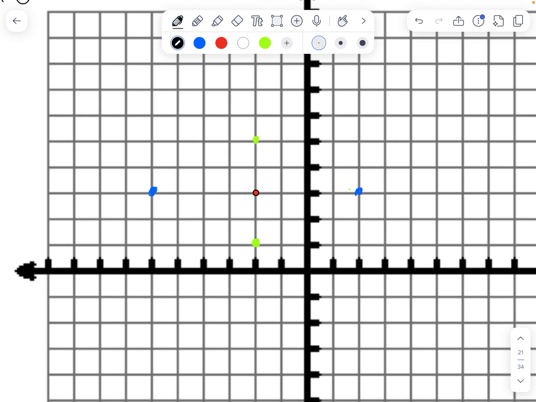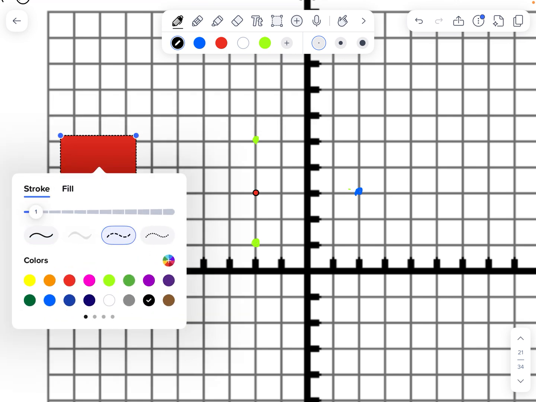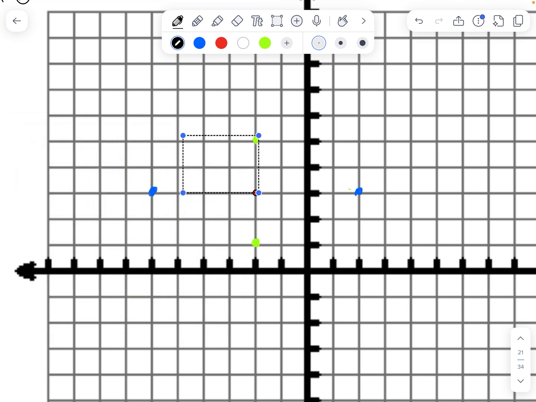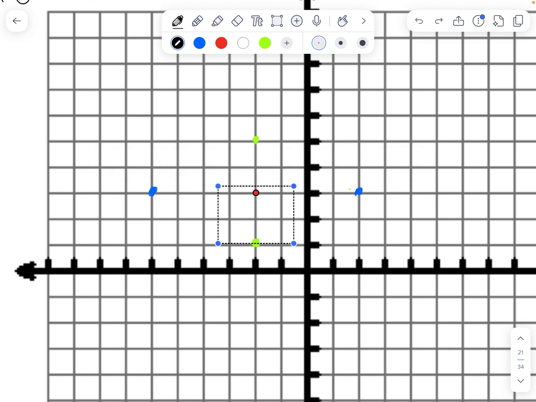Okay, now let's draw in our box. Doesn't want to move a rectangle, so I'm just going to erase this.